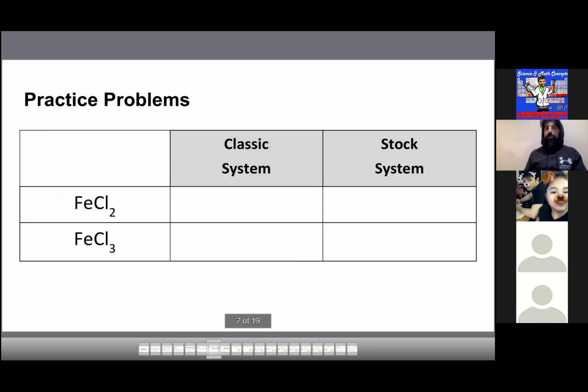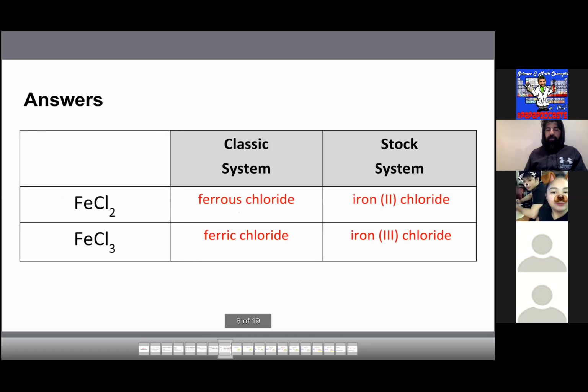So here are some practice problems. The classic system name for this first one, here's what we're going to get. If we look at what we've got here, where did this 2 come from? This 2 came from iron, if we do reverse crossover, but be careful with that reverse crossover, and we'll see it in a moment.